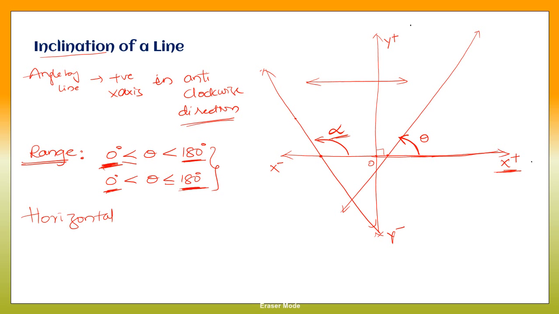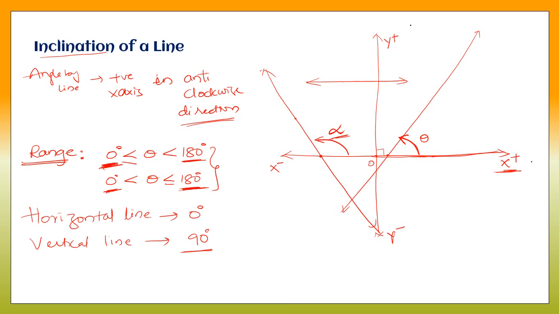So the inclination of a horizontal line is 0 degrees. The same way, if I consider a vertical line, then the inclination made is 90 degrees. So these two values you need to remember.